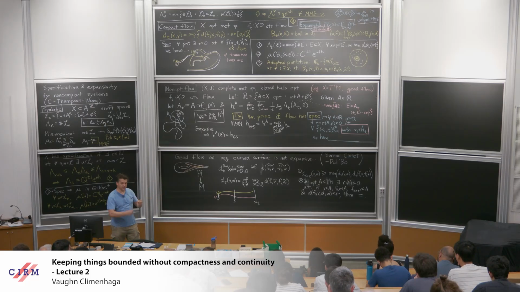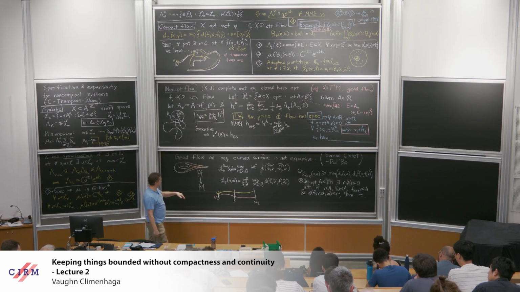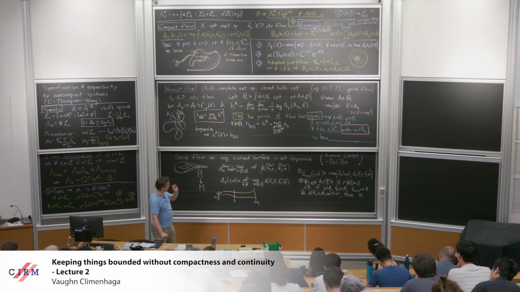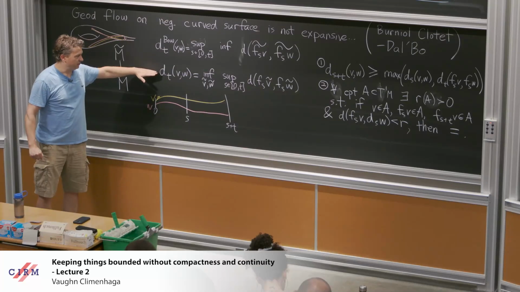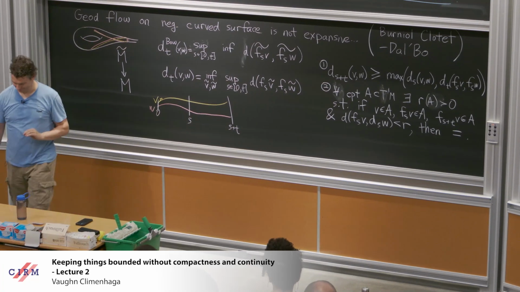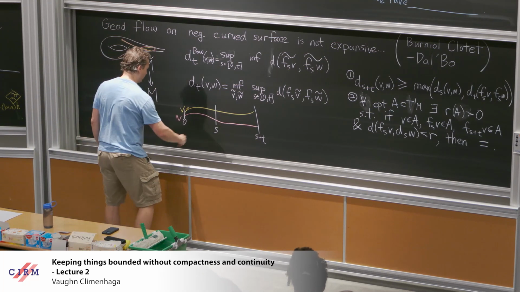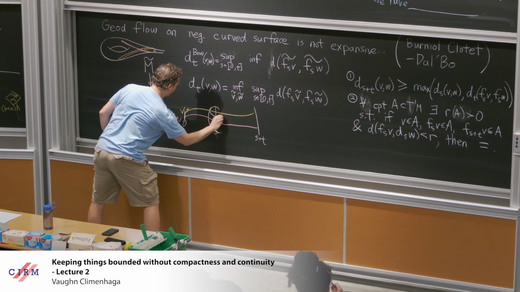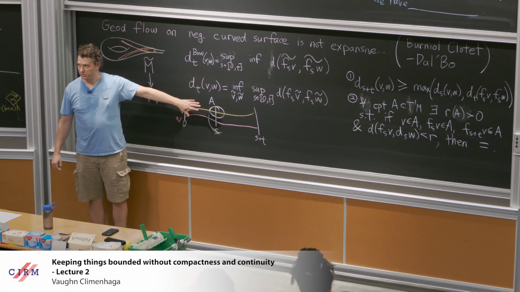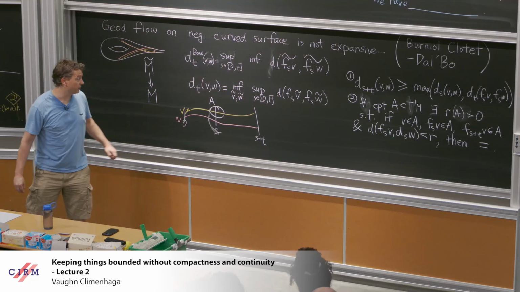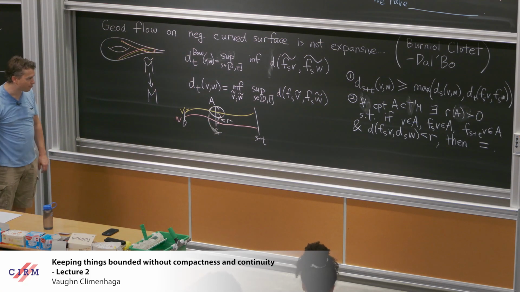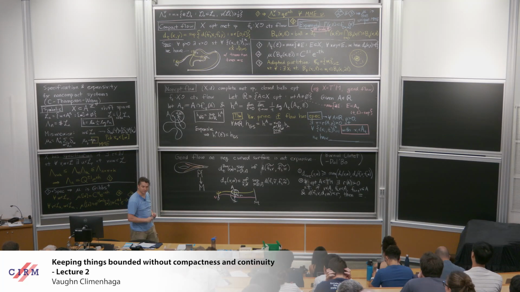And if all you're ever doing is comparing the pointwise distance, then the distance of the whole things is the maximum of these two, and there is no problem. The property that this family has is that it's always greater than or equal to, but it could be strictly greater. However, if it happens that this is in A, and for these purposes this is enough, you don't need this business about the other endpoints, and if this is less than R, then everything works the way you expect it should.